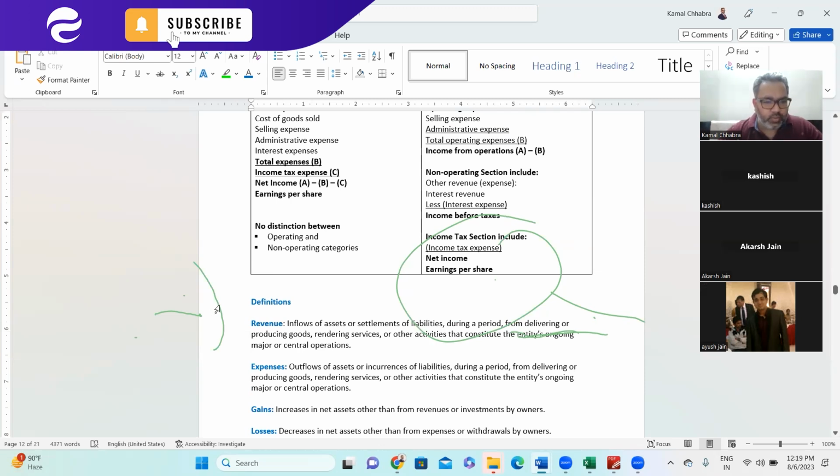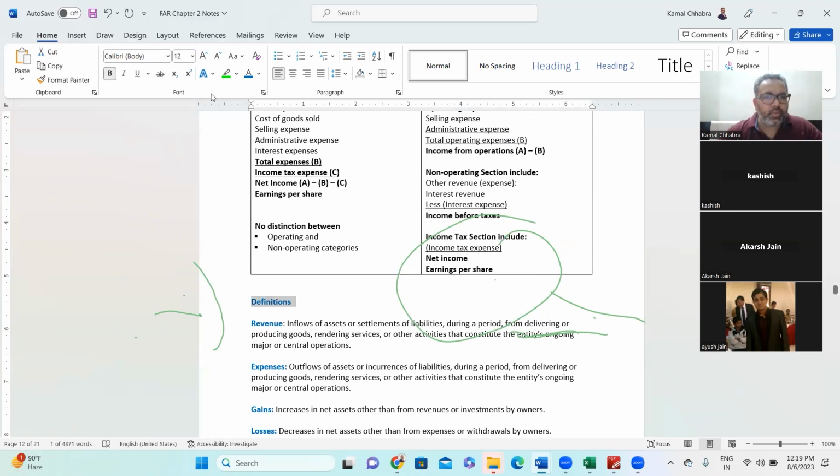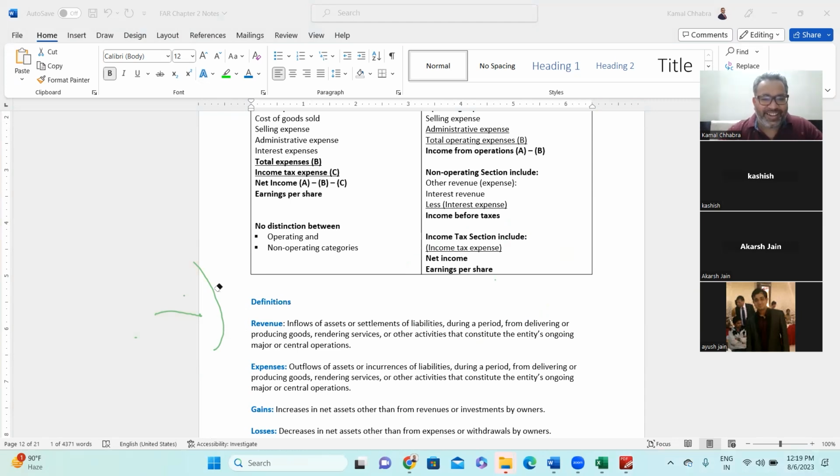I'm not able to, I'm checking. I can do that. I got my eraser.